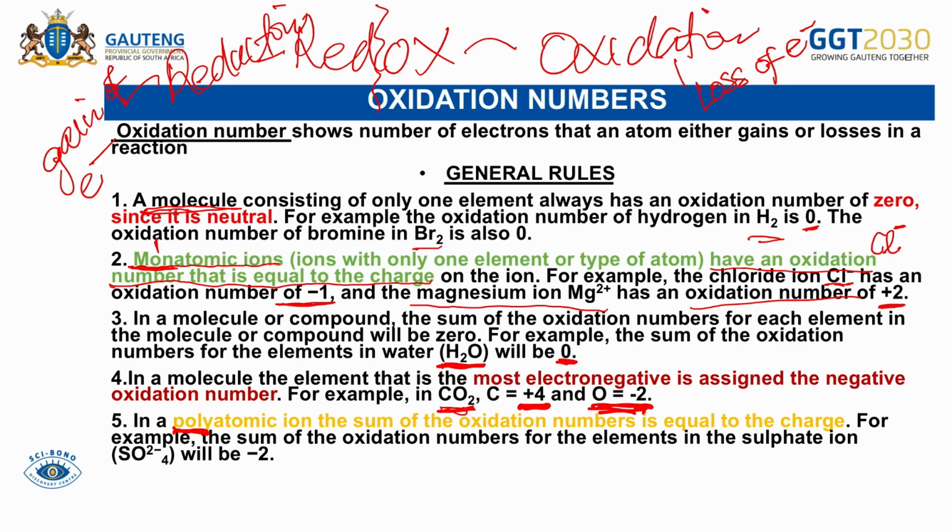Let's give it an example. Okay, so let's give an example of a polyatomic ion. So we've got SO4 2 minus, all right? So the charge for this polyatomic ion is negative 2. So that means the oxidation number for this polyatomic ion is going to be what? To be negative 2. So it takes the charge of that polyatomic ion, all right?